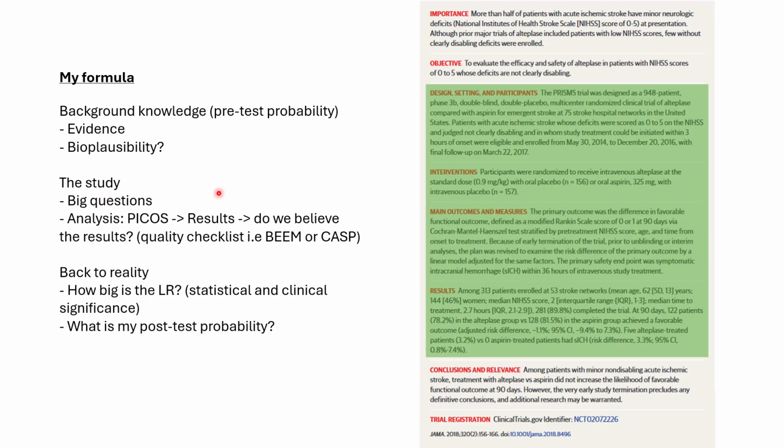And then you dive into the study itself, and I usually start with the big questions, because as Justin Morgenstern explains, and many other much more experienced journal clubbers than I often explain, interpreting a study is not about looking at the study from a statistical viewpoint. It's much more important to fathom the bigger, broader lines of the methodology of the study.